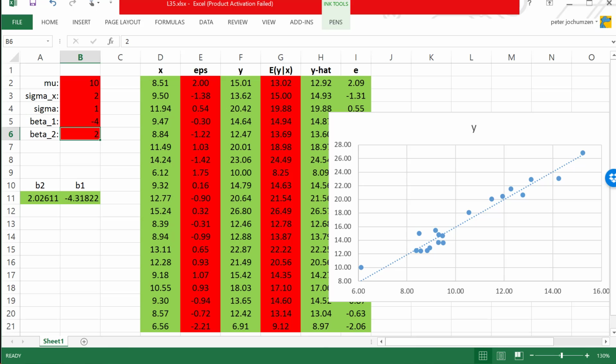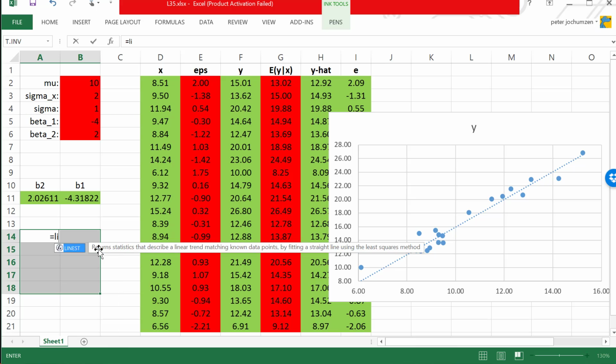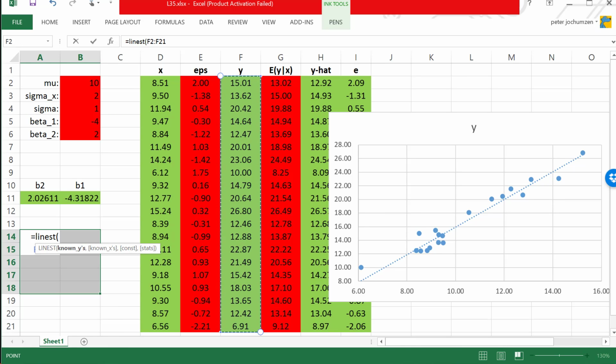If I do the OLS estimation and I also request Excel to do additional statistics, then as we said, instead of just one row, we need to highlight 5 rows. So I'll do LINEST for the Y data, for the X data.